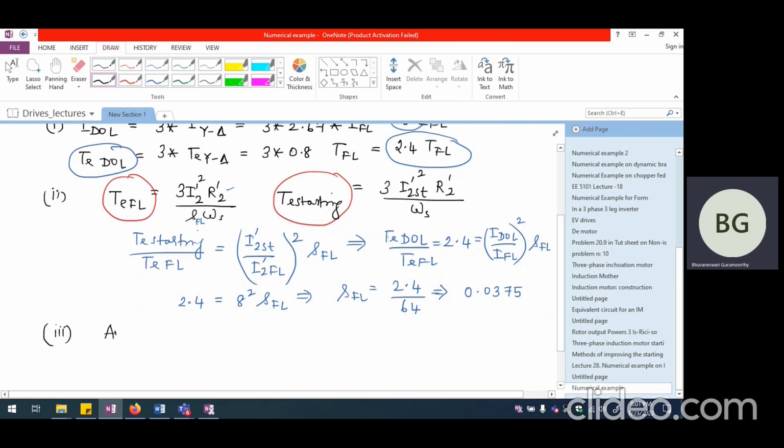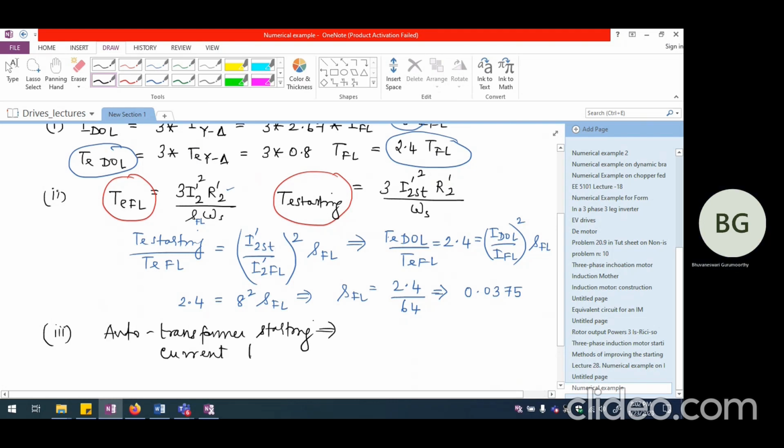So let us say this is subdivision number 3. In auto transformer starting, we want current to be limited to 2 times I full load.